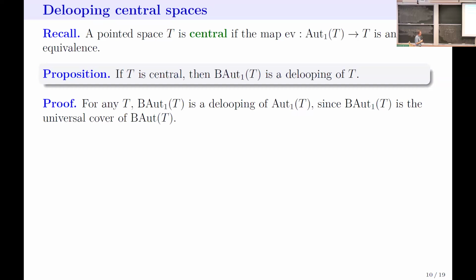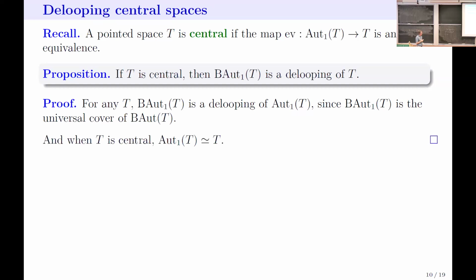And for example, one way to see that is I defined B01 essentially to be the universal cover of B0, and we already saw that B0 is a d-looping of OT of T, and OT1 is the zero connected cover of T. So this just happens because we've de-looped that fact about the relationship between OT1 and OT.